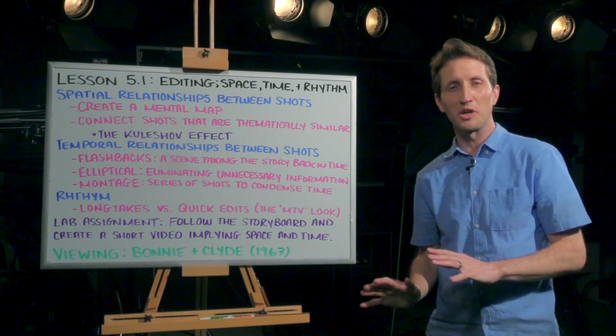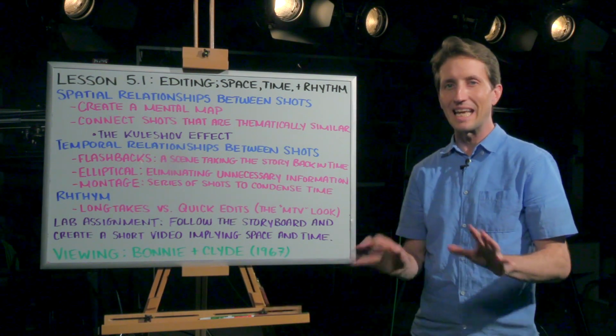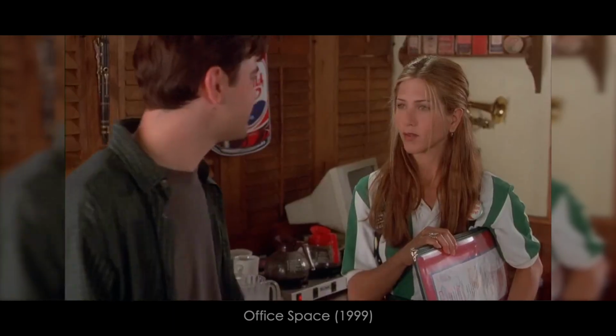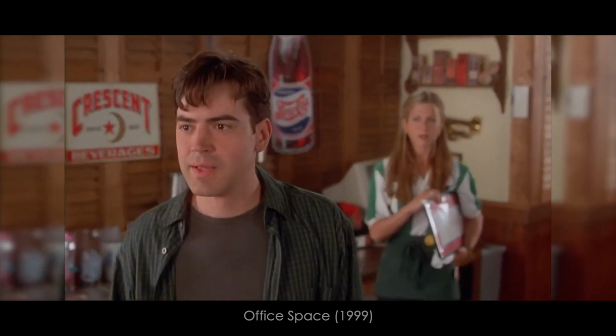Now, when I first started making movies with my friends back in 1999, I was obsessed with Office Space. And this scene in particular was a pivotal moment for me because prior to this film, I just assumed that all movies were shot with multiple cameras.